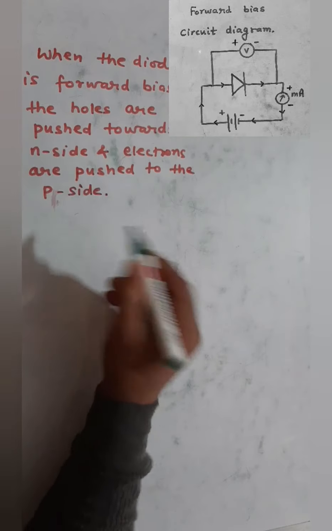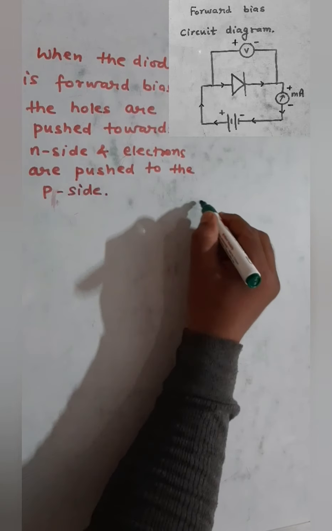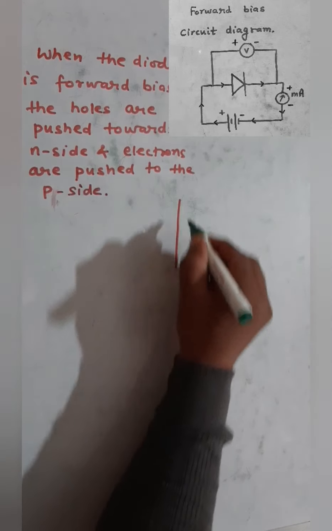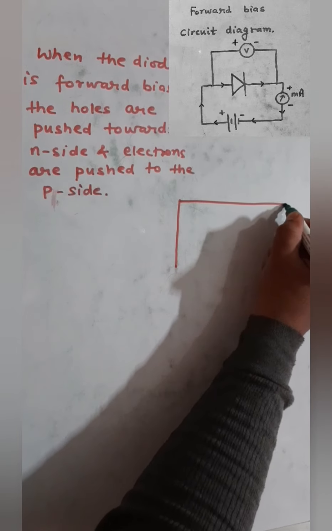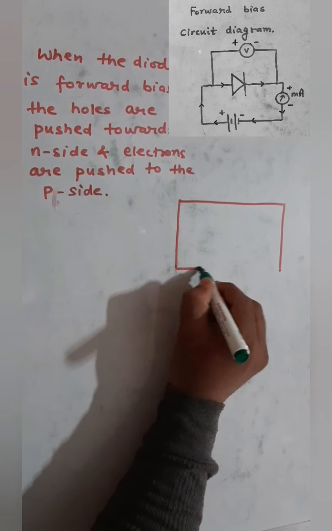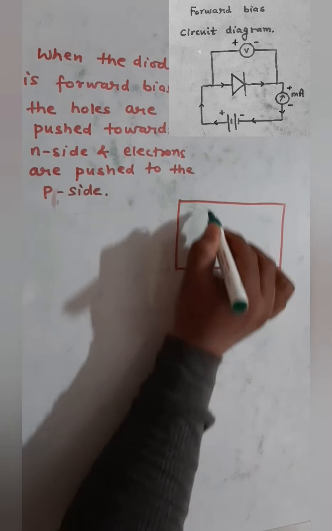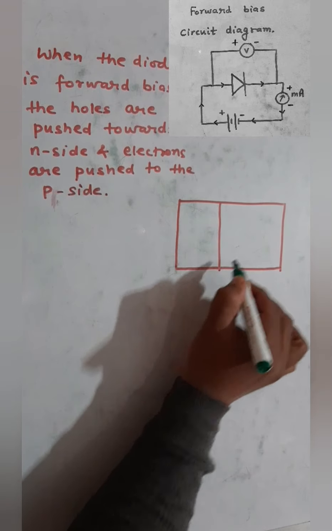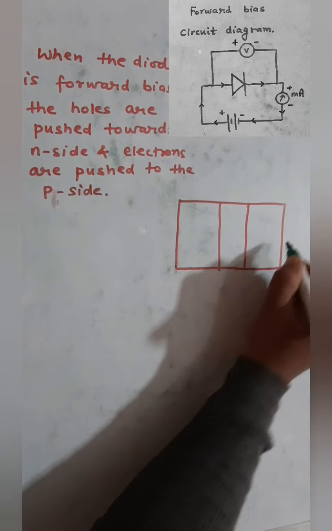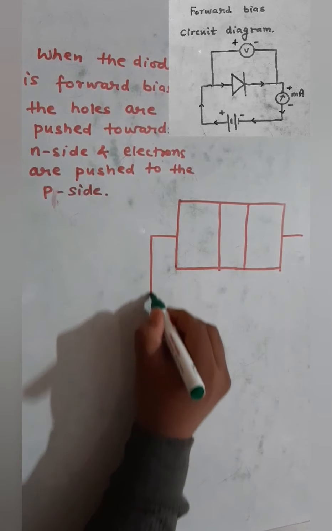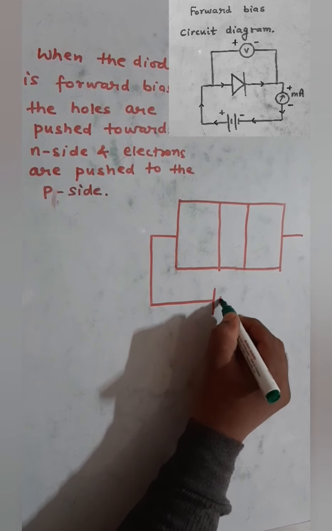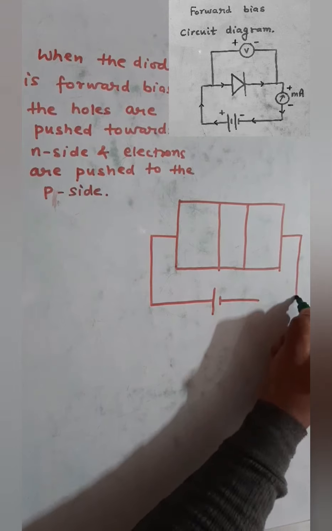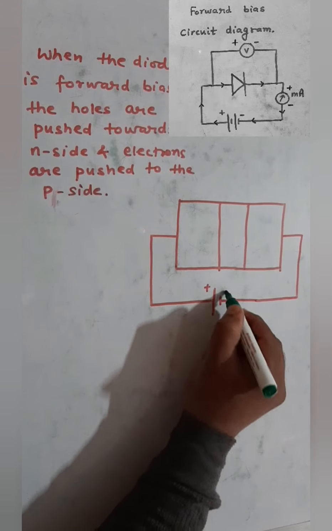Okay, I can show you the same thing by means of a diagram also. Now we will not make use of a circuit symbol, we'll try to visualize the actual diode using this diagram. So basically we can use a very simple circuit for this. We have connected this to the P side and this to the N side.